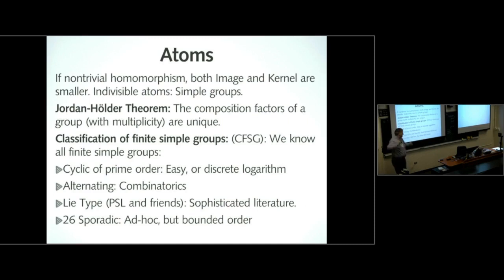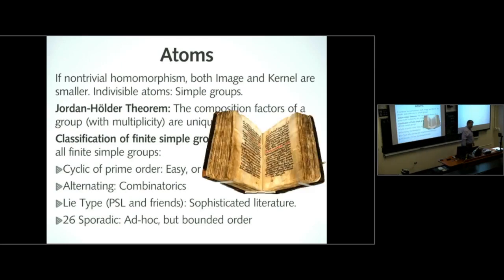This factor is called the projective special linear group. That is the prototype of such groups, and there is a huge amount of literature about them. A lot of work has been done by mathematicians describing the theory and properties of these groups. And finally, as in a lot of classifications, these are all infinite series.